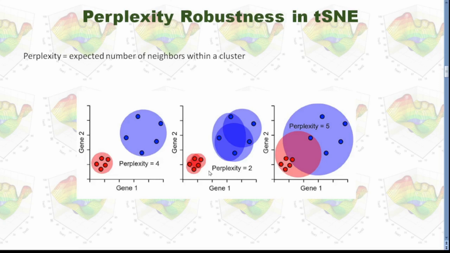But if we choose perplexity equal to 2, you will get too many small groups. And if you choose perplexity equal to 5, you can see the different groups will overlap.